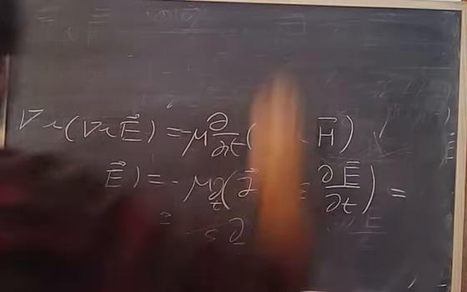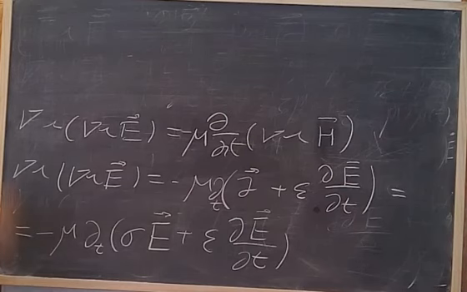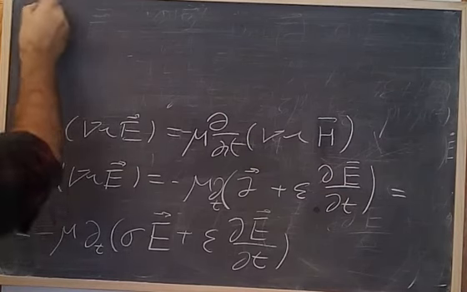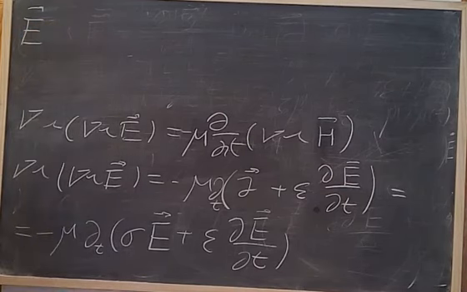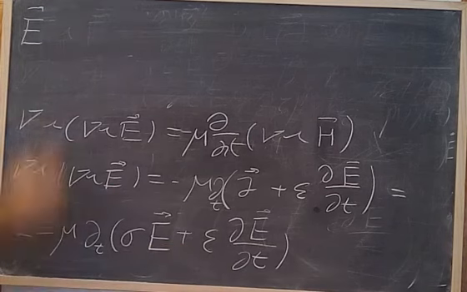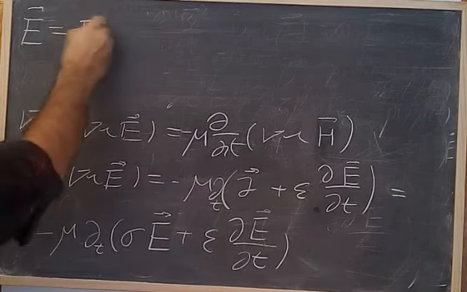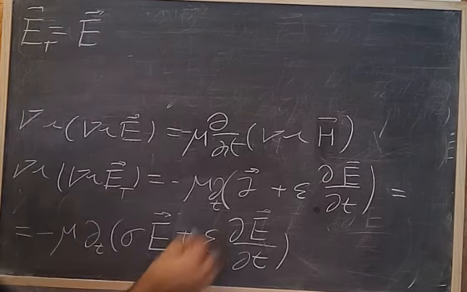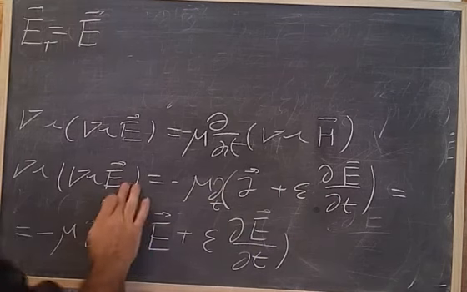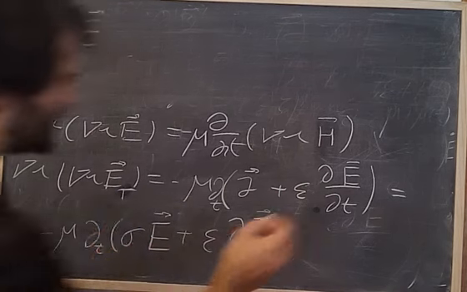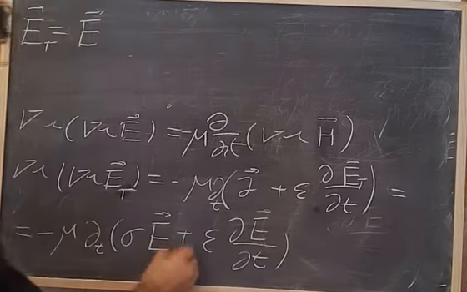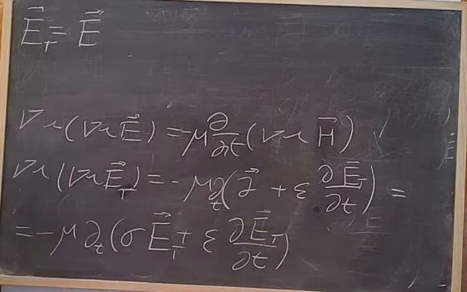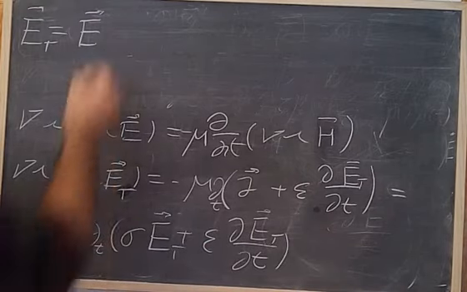In addition, the author supposed that the electric field, this electric field, could be the total electric field right here if you want, is equal to an amplitude electric field, everywhere. Okay, I'm going to use this notation in order to make easy the understanding of my explanation. Is equal to a harmonic signal.